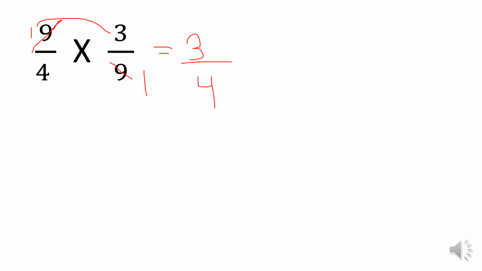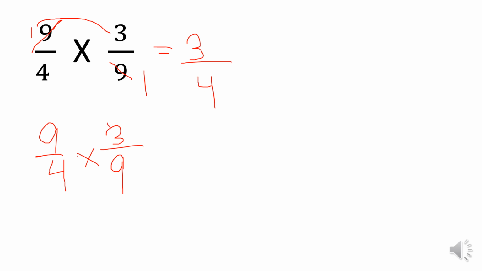Now I'm going to do it all over again, just in case you decided to reduce another way. I saw 9, but what if you didn't see that? What if you saw 3/9 and you wanted to reduce that way?